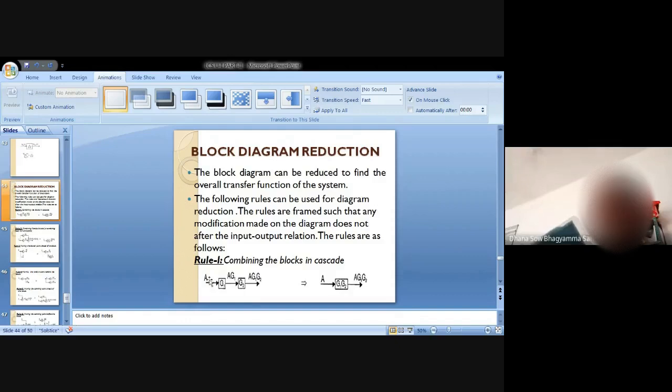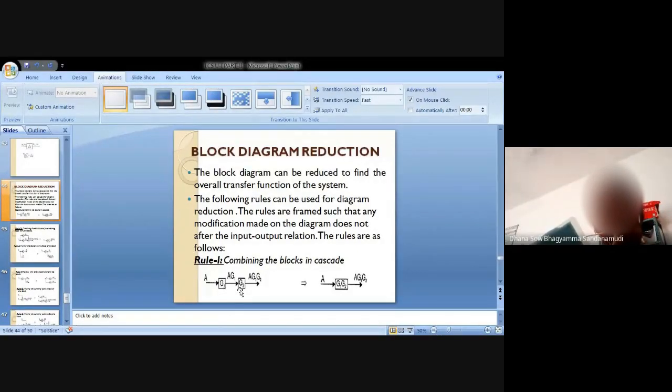So the initial input is A, and the final output is A into G1 into G2. Even after reducing the given block diagram, the initial input and the final output should not change. We must keep that in mind.